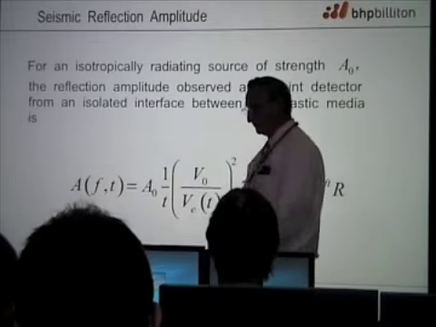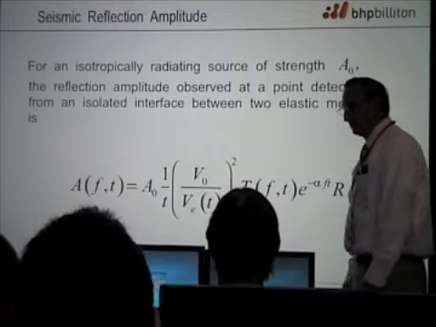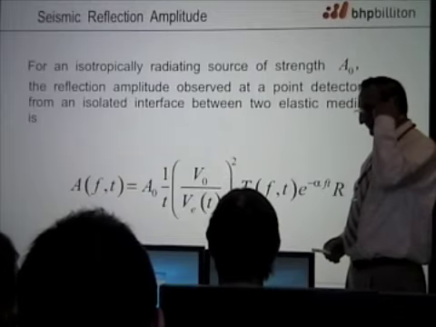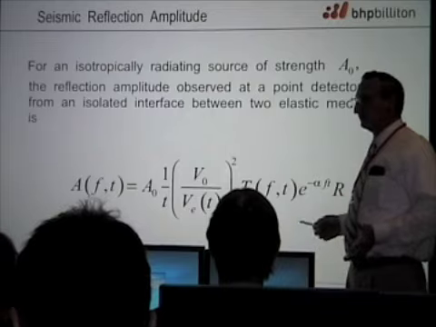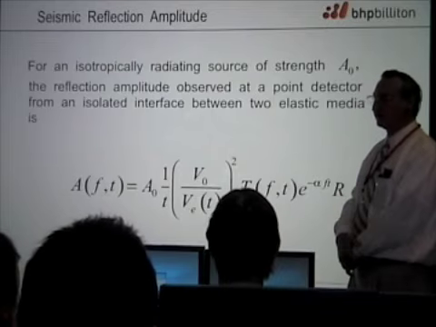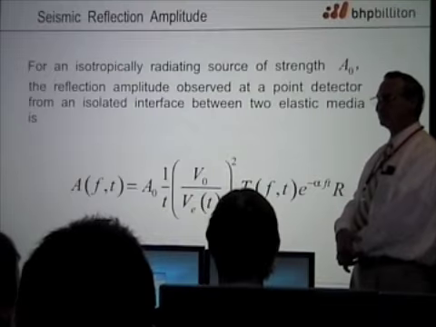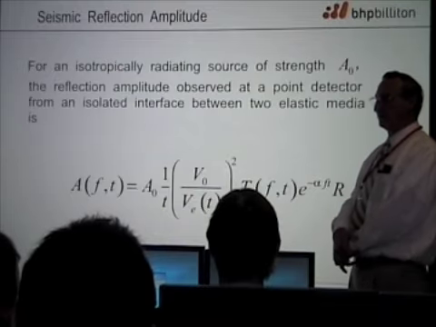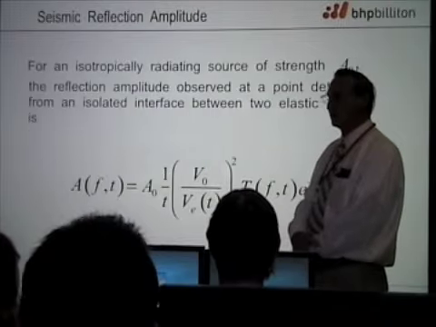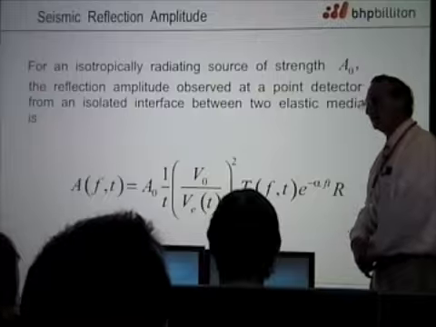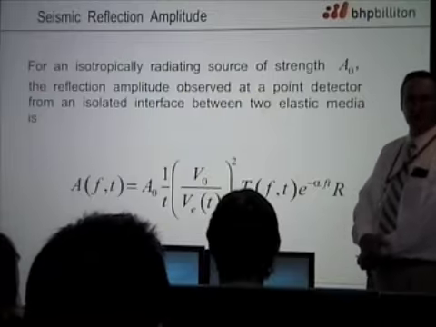What does 1 over t take care of? Well, we're talking amplitude, so the energy is going to spread over the surface of a sphere. What's the area of a sphere? 4 pi r squared. So it goes as r squared, and we know that the energy goes as the amplitude squared.